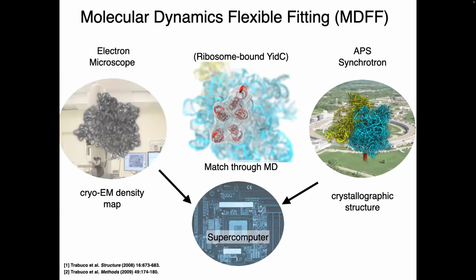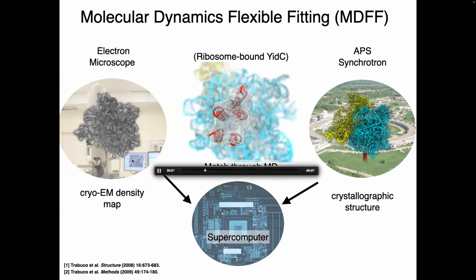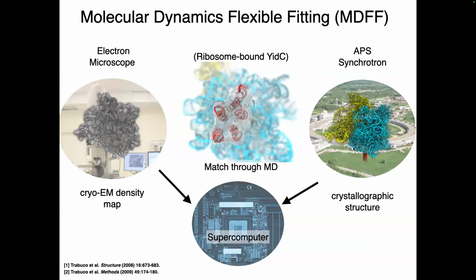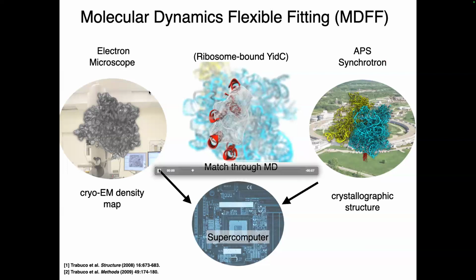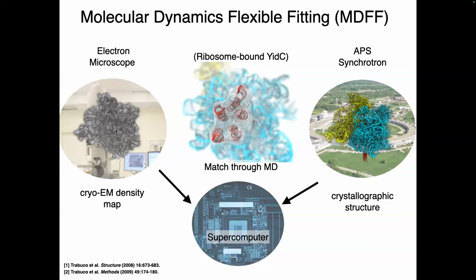And finally, this is another application of MD that I find very useful. You can imagine you might have a structure of a protein in a particular state, state A, and then electron microscopy gives you a very low resolution map of state B, a different conformational state of your protein.